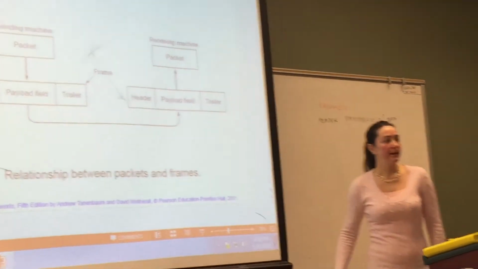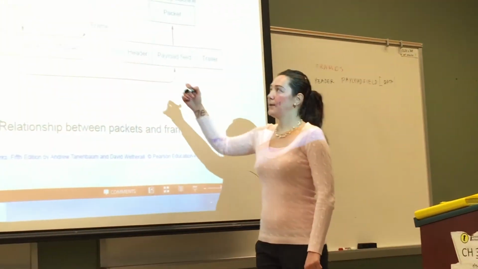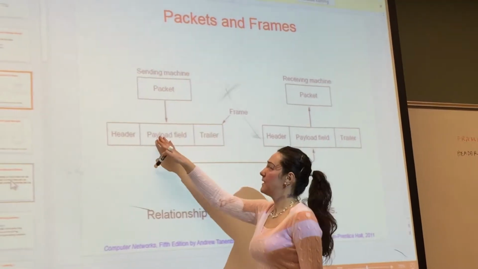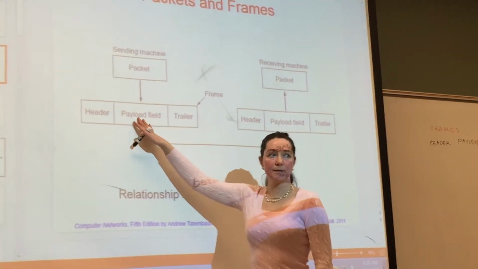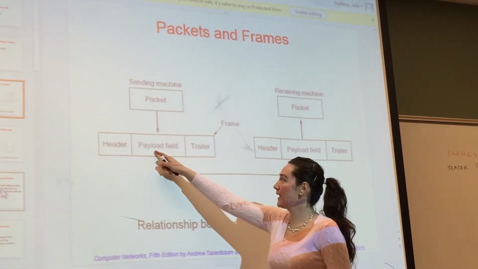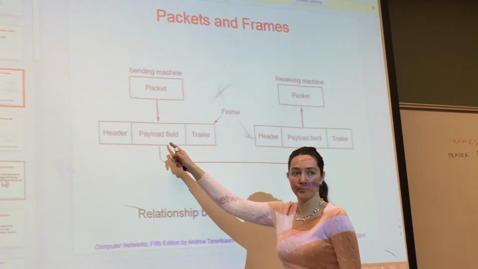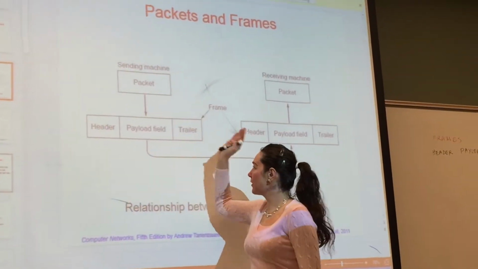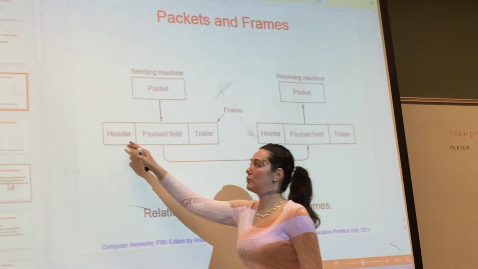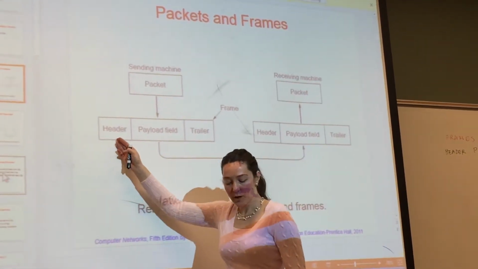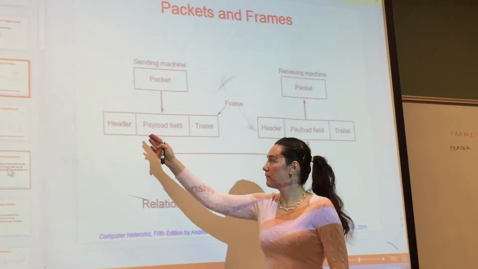So the data link layer accepts a packet from the layer above, and it takes the packet and considers everything that's in the packet as data. Then it adds its headers, trailers, whatever else it wants to add, which contain the frame beginning and end, and error check functionalities.